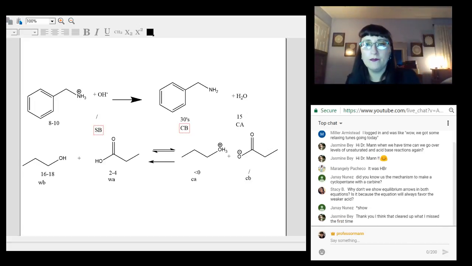Okay, good, Jasmine, good. Okay, did you show us the mechanism to make a cyclopentane with a carbene? Yes, using an alkene, and it's also in the textbook.